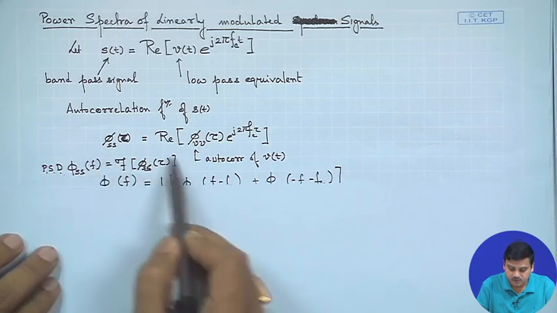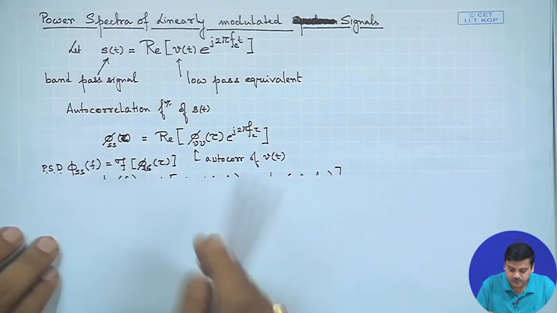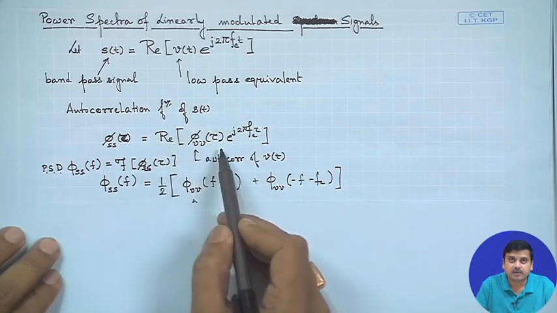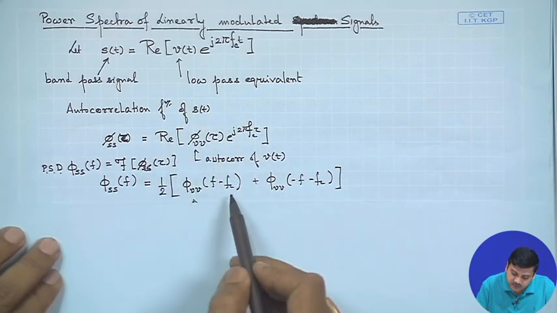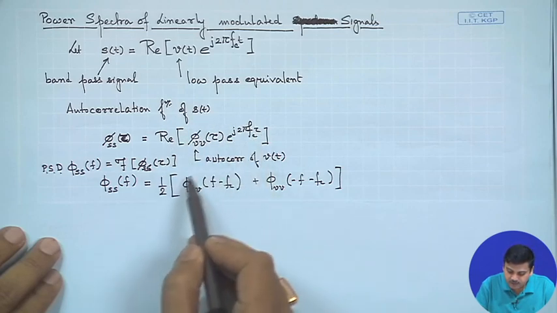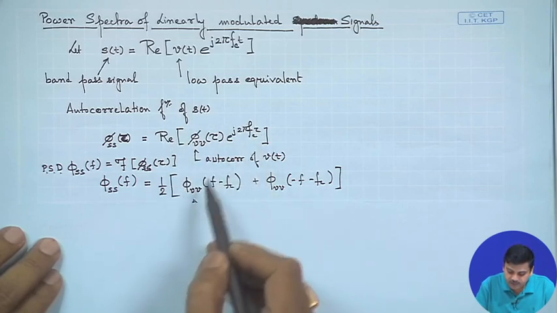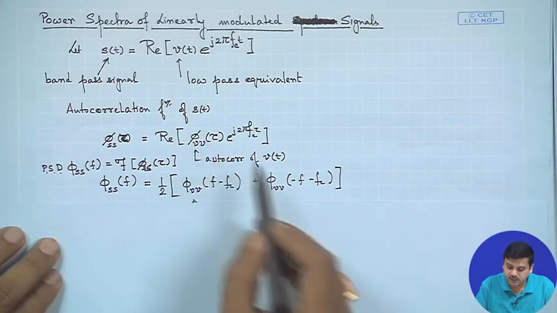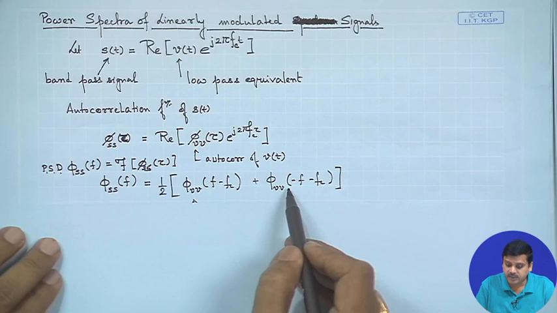So, that is the relationship I have already told you before. So, going by this expression, you have also done a similar thing before, where if you have the real part of something, you have phi_vv, which is the power spectral density of the low pass equivalent, and this is the other term in the negative frequency.